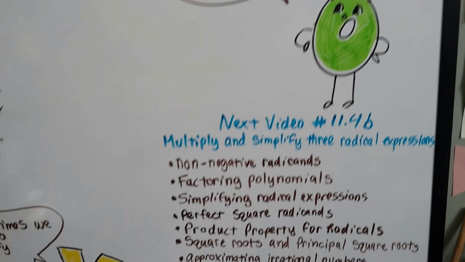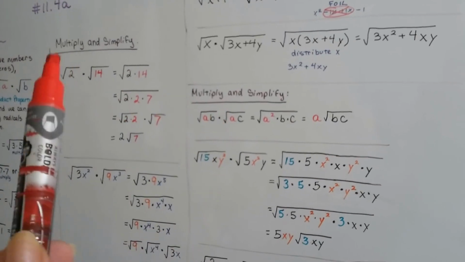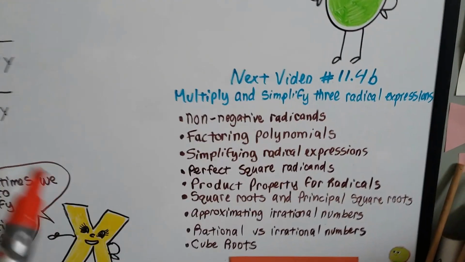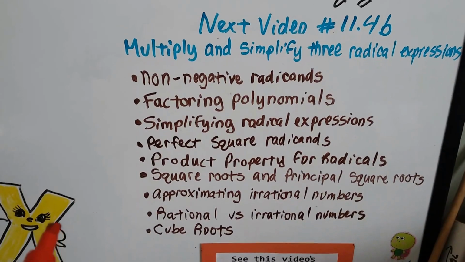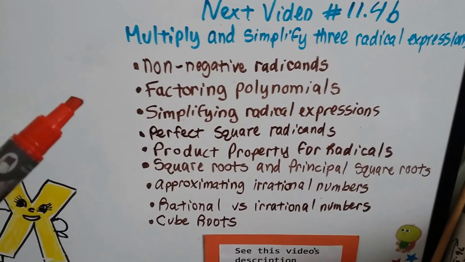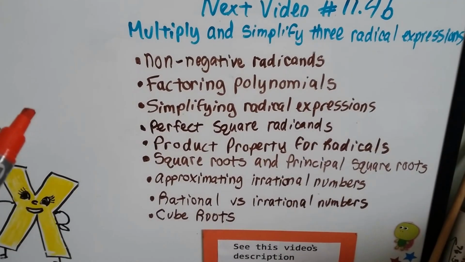All right, so we just did multiplying two radical expressions to each other, okay? These are all two radical expressions being multiplied to each other. What we're going to do in 11.4b is we're going to multiply and simplify three radical expressions, okay? So we're going to multiply three radical expressions together and simplify them.